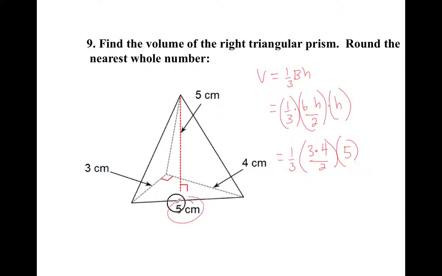And remember, this 5 right here represents the hypotenuse, so therefore I can't use it. When I plug that into the calculator, remember, you can plug it in as you see it. So I can say 1 times 3 times 4 times 5 divided by 3 times 2. And so what we're really looking at is 60 divided by 6, and that gives us 10. And we have to put centimeters cubed.